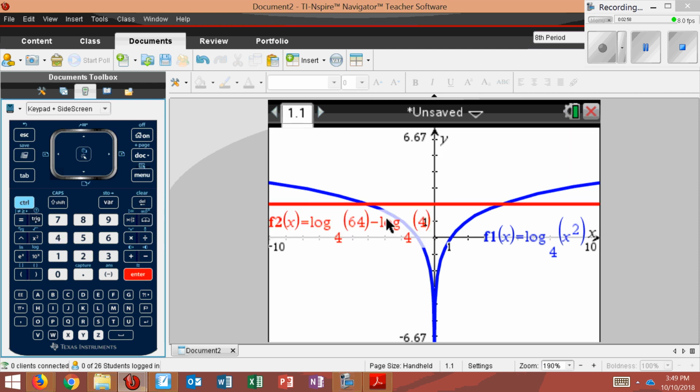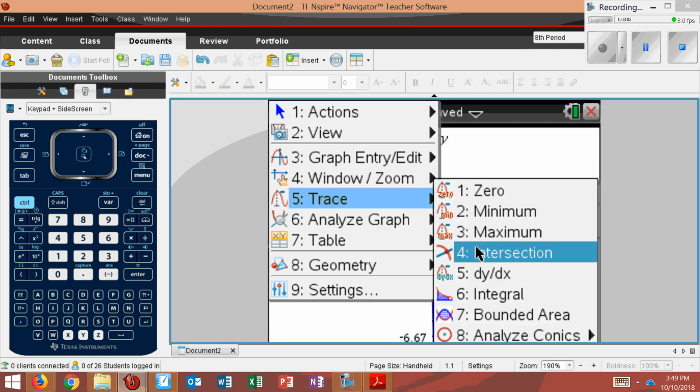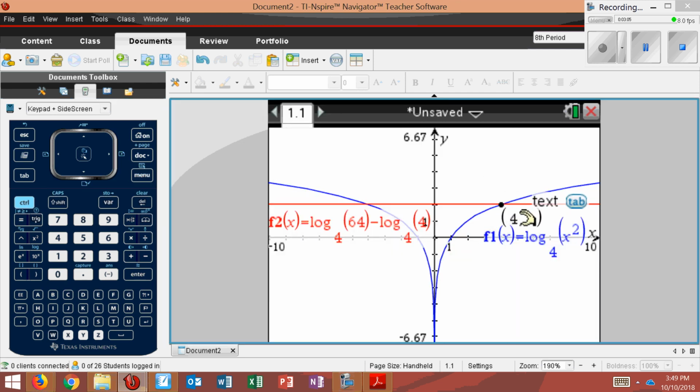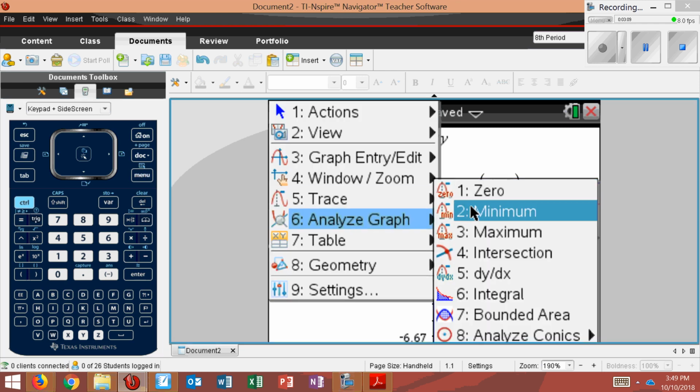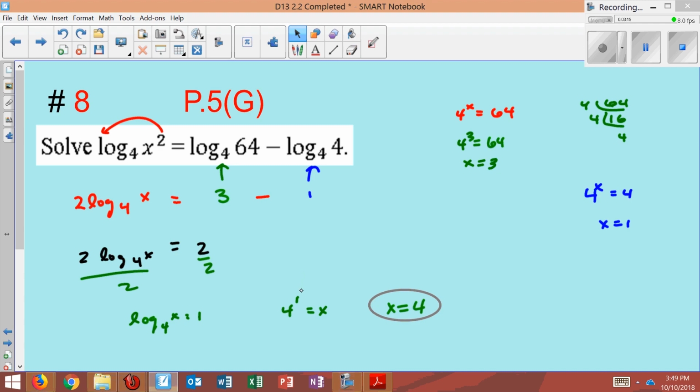And we look for our answers here, and it seems to me there's 2 solutions. When I do this intersection, I should have this one, which we see x is 4, and if I did over here, analyze intersection, I would see that negative 4 is also a solution. So it appears that there are 2 solutions here.